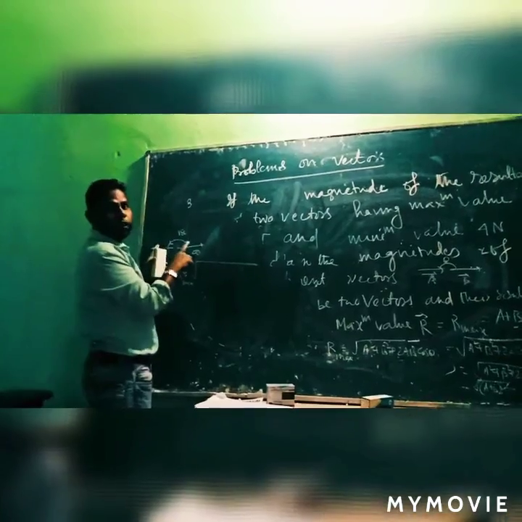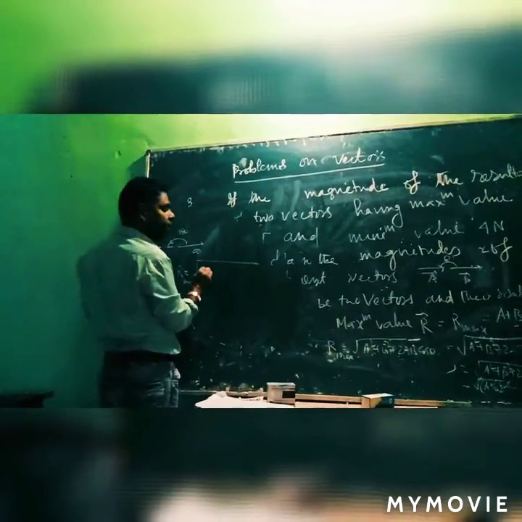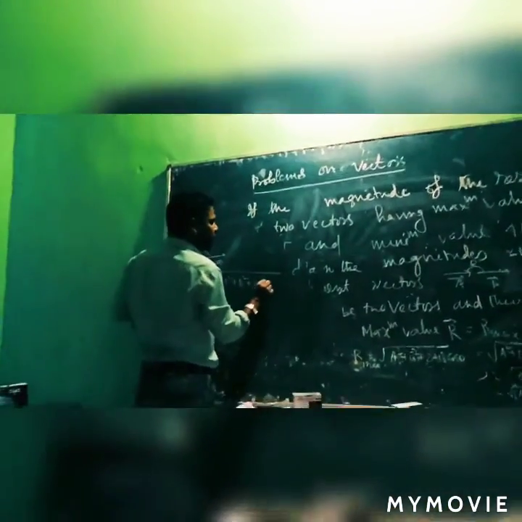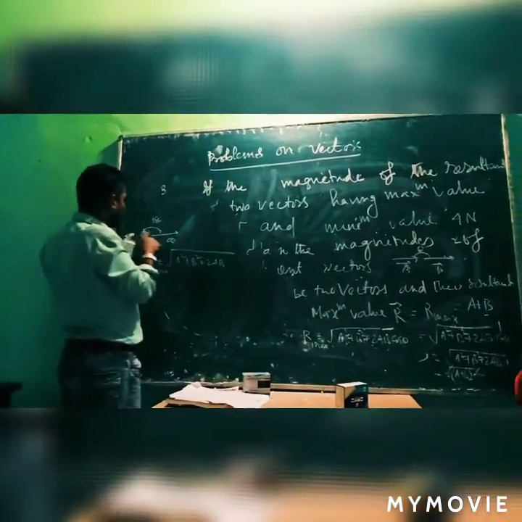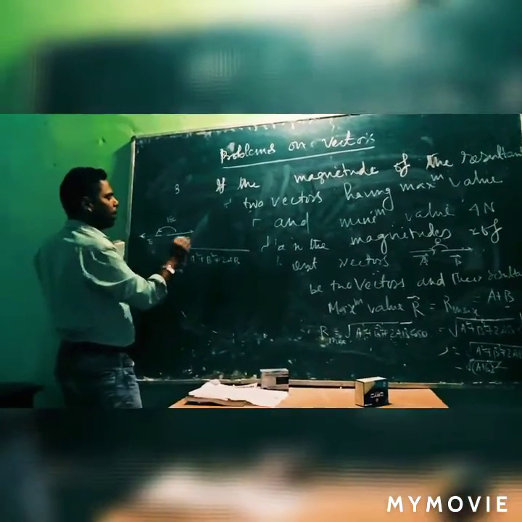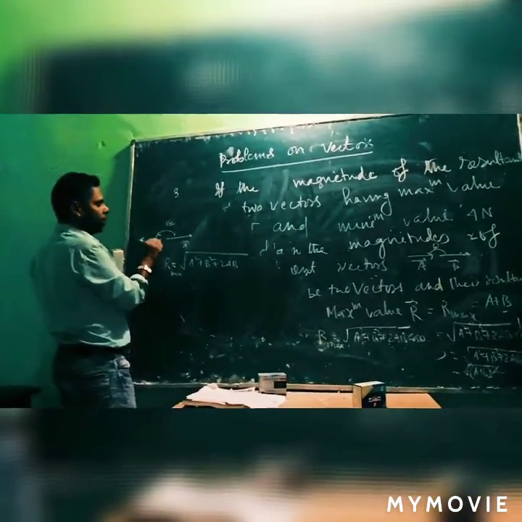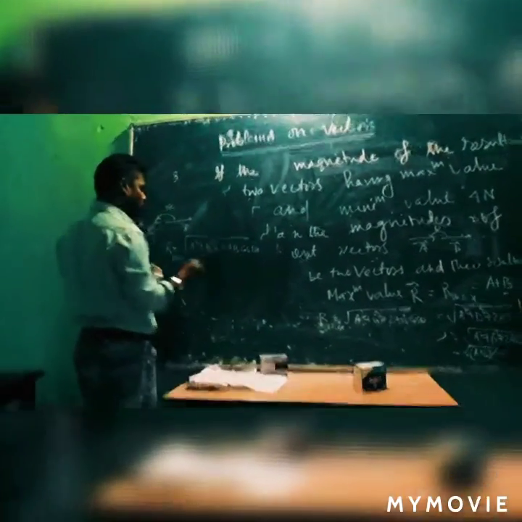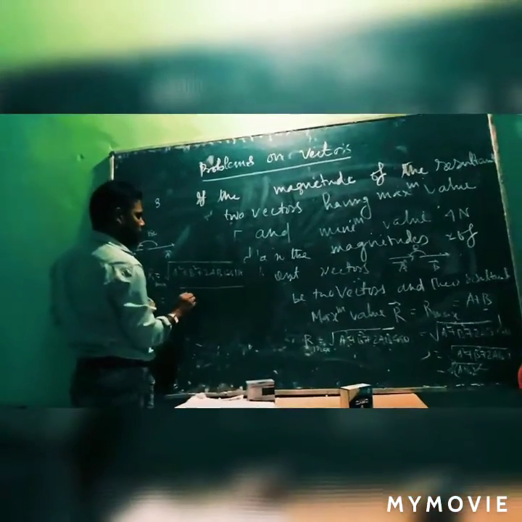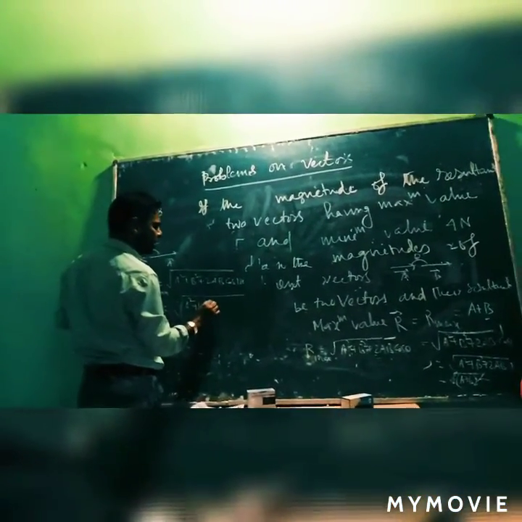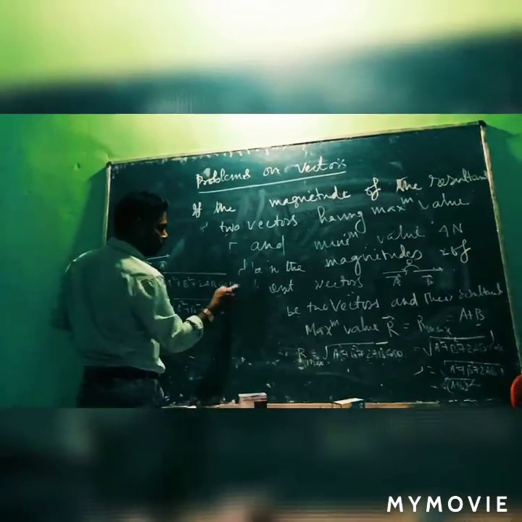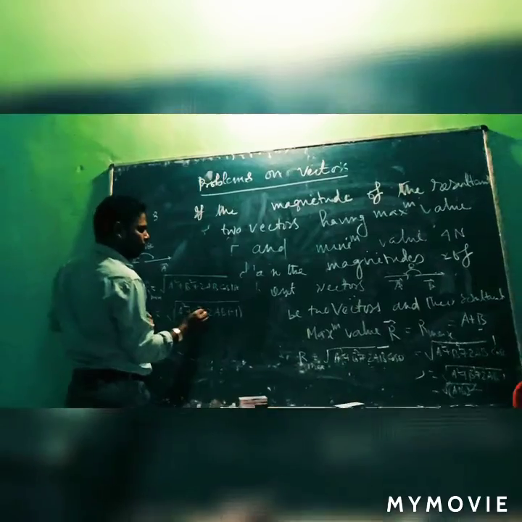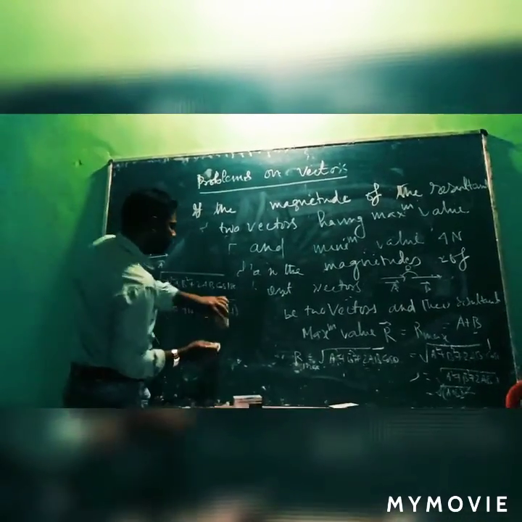Once again we apply the same formula, A square plus B square plus twice AB cos 180. The value of cos 180 is minus 1, so the minus 1 will come before the term twice AB.